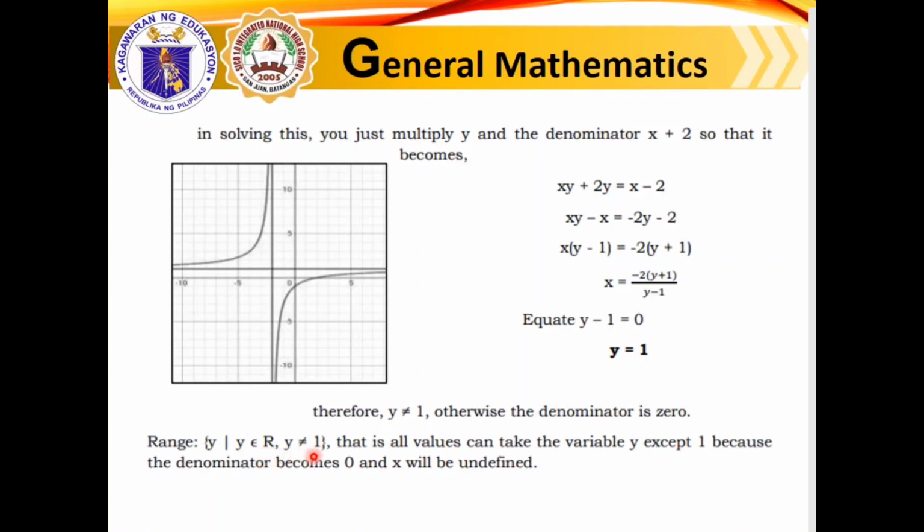That is, all values can be taken by the variable y except 1 because the denominator becomes 0 and x will be undefined. So we should always consider that the denominator should not be equal to 0. That will be the restriction of our domain and range.